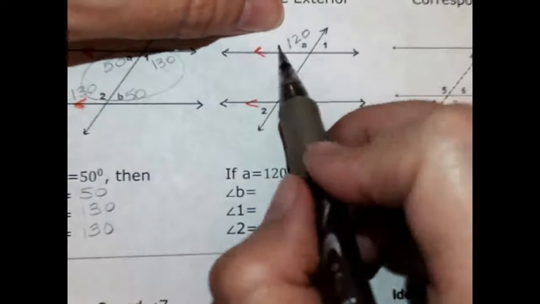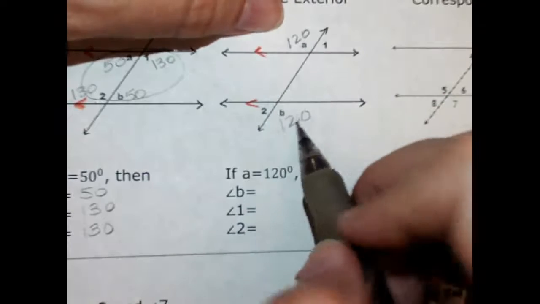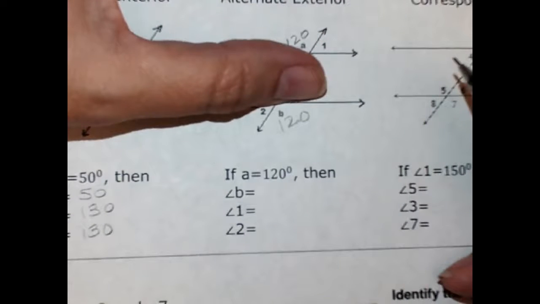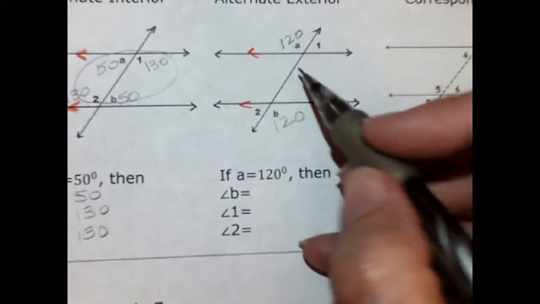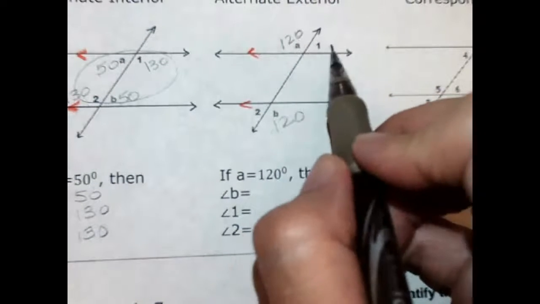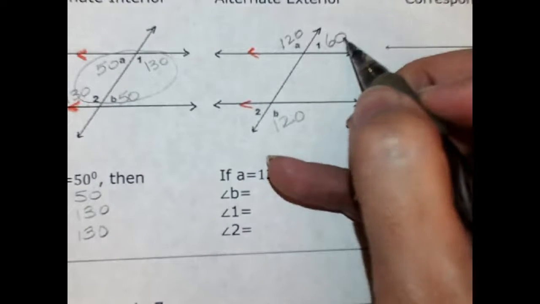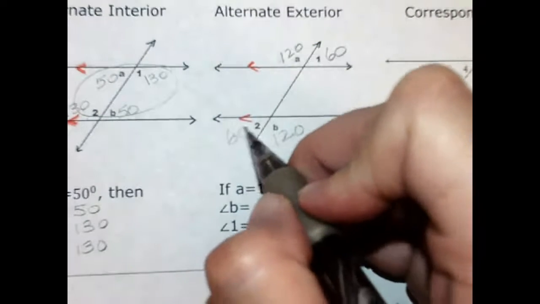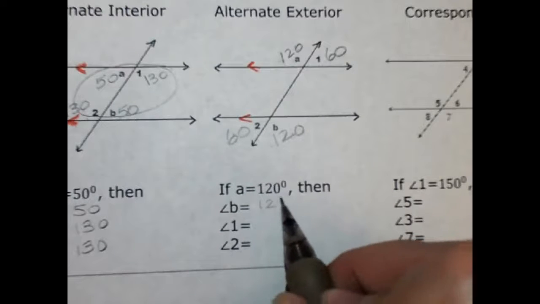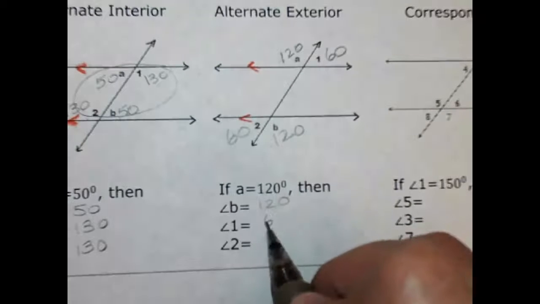One's on the left, one's on the right, and they're outside of these lines right here. Likewise, these two add up to 180, so this one has to be 60, and the alternate one that goes with that, 2, is 60. So B is 120, 1 is 60, and angle 2 is 60.